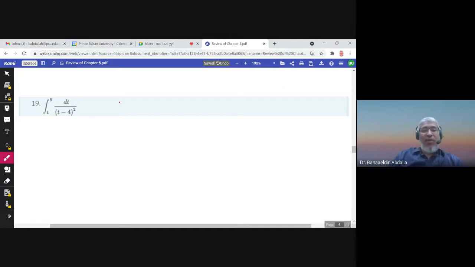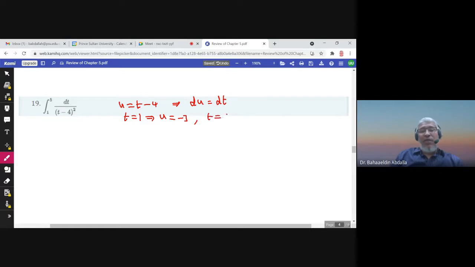Well, I will take u here to be t minus 4. Then du would be equal to dt. And let us change the t values to u values. So if t is 1, u is 1 minus 4, which is negative 3.